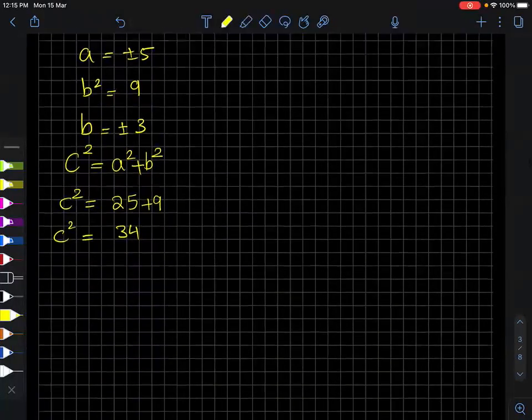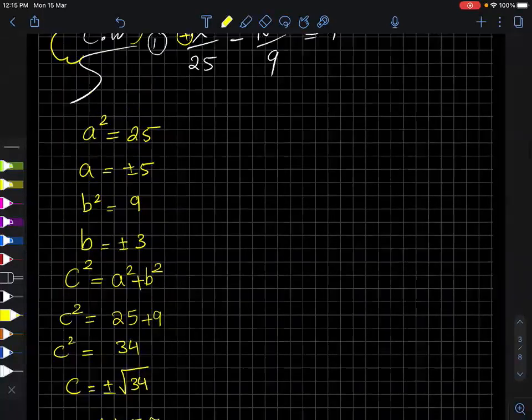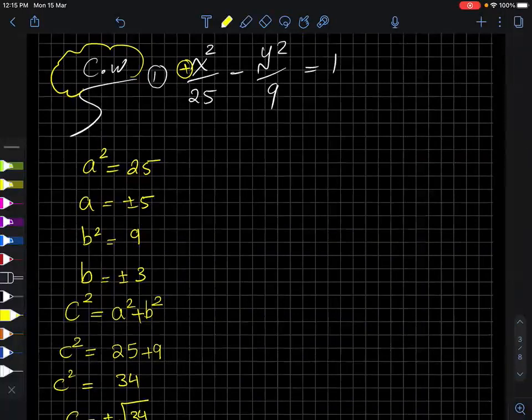Now to find c, c equals plus or minus root 34, which is about positive or negative 5.8.